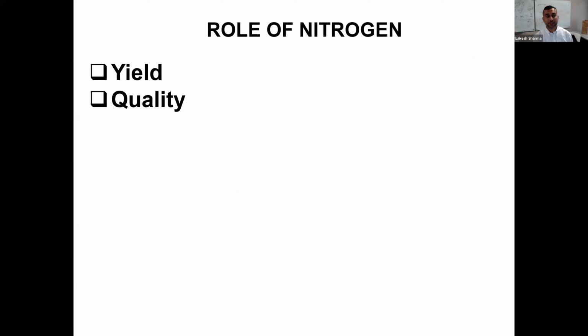So the role of nitrogen, besides all the photosynthetic activity, which we all understand and you have probably heard about many times, the focus area is yield and quality. I specifically mention quality, as in many crops nitrogen drives the quality of the produce. In agronomy crops like corn, quality is not a huge factor.